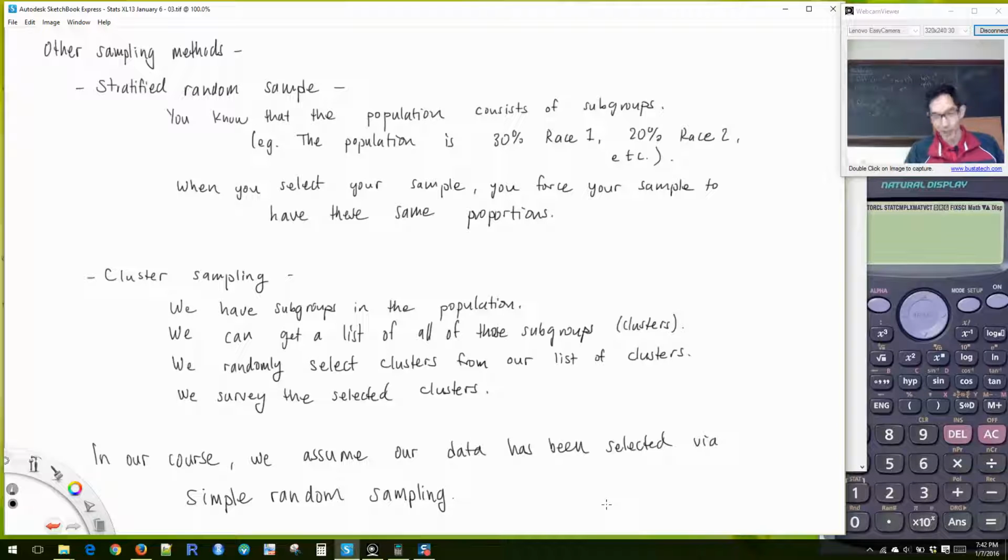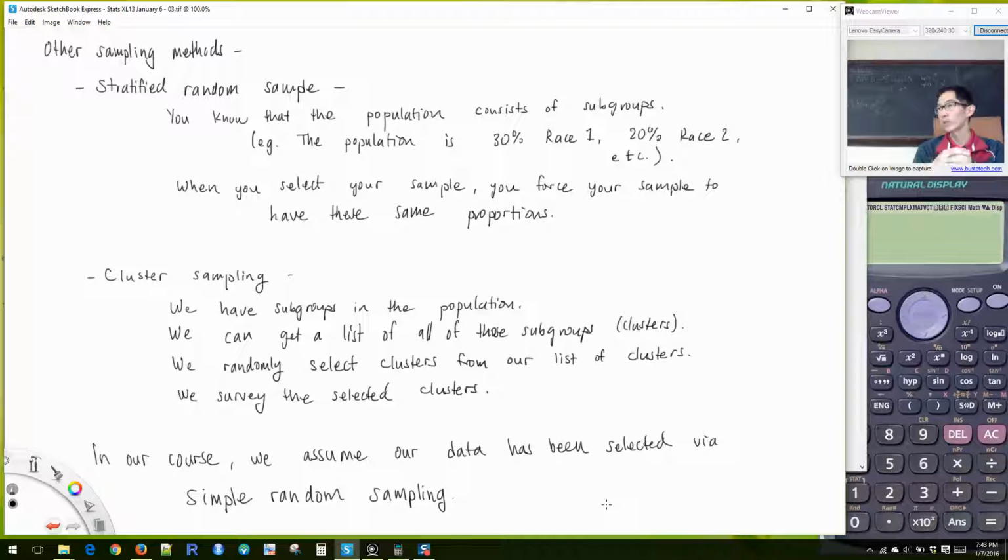But again, always keep in mind as you're reading studies, how do they select the people? Is it reasonable? The studies that you get will never be a truly simple random sample. It's just not possible to do. But the question you should be asking is, is it reasonable to believe that the sample they are studying could be representative of the population about which they are making conclusions?